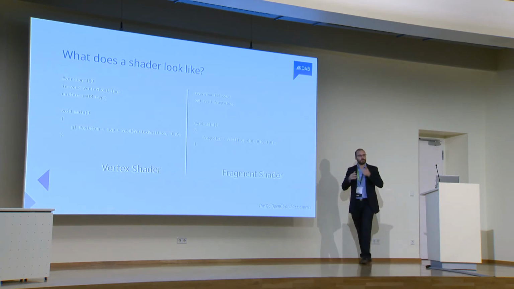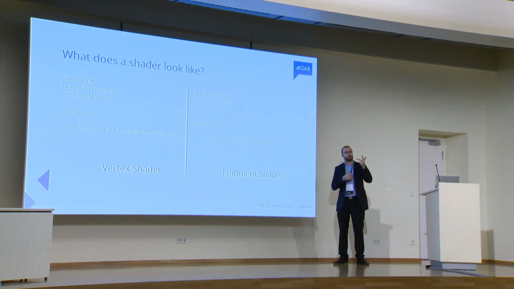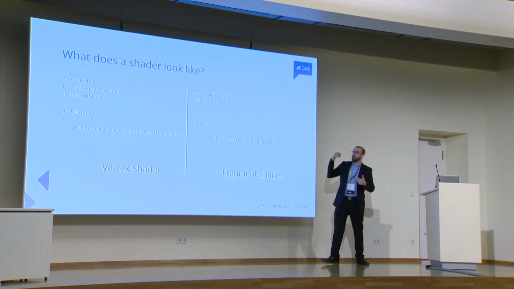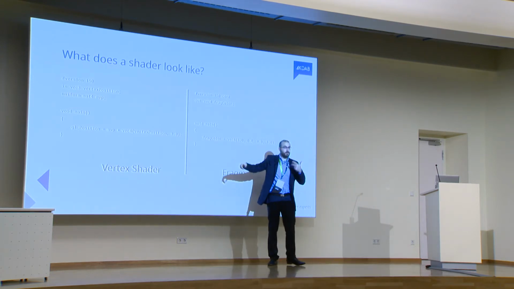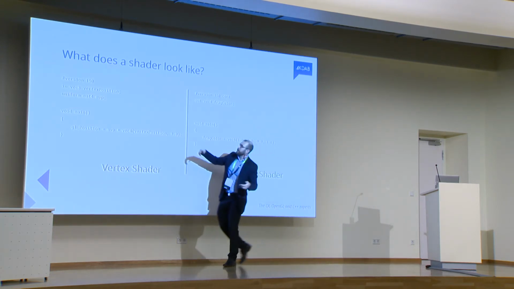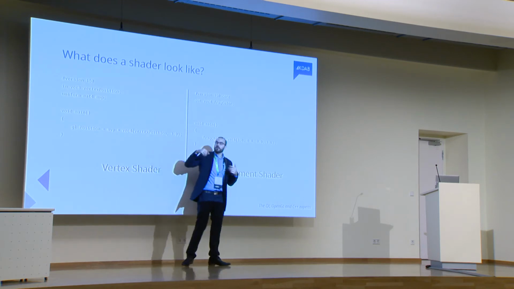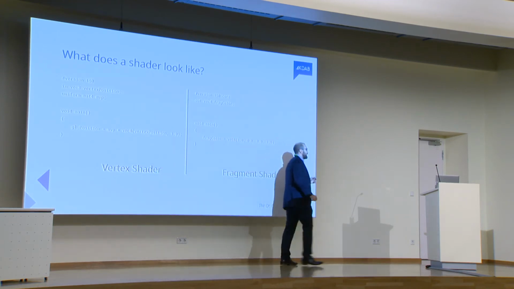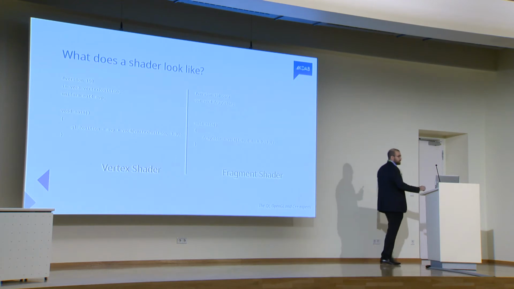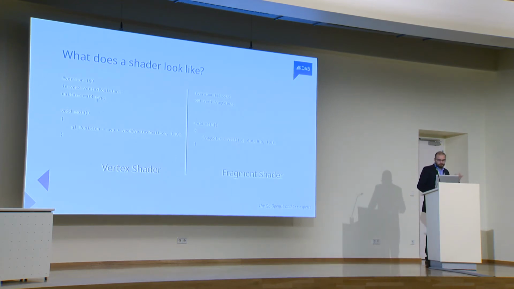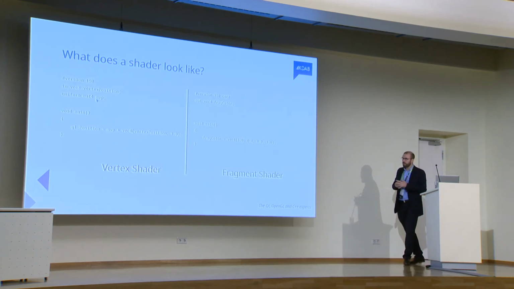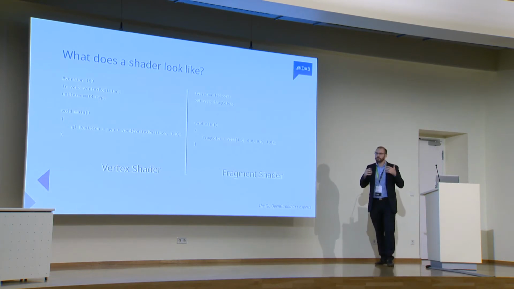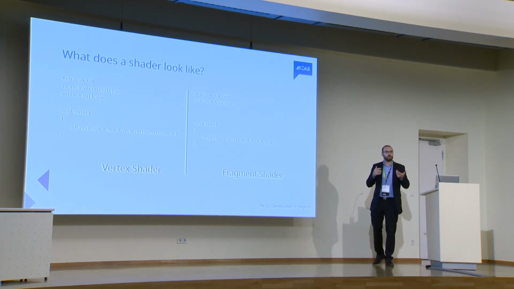So remember, we're drawing a triangle, so we've got 3 vertices. Well, we're going to execute that code 3 times, where each time we will get a different vertex position, but the uniform matrix would be the same. And that uniform, called MVP, for model view projection, essentially contains the camera transformations.